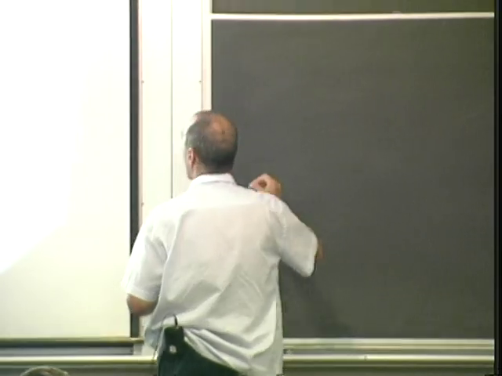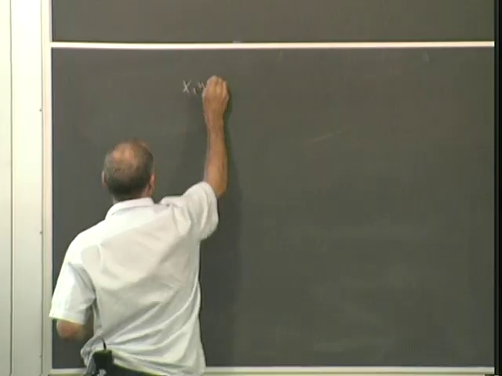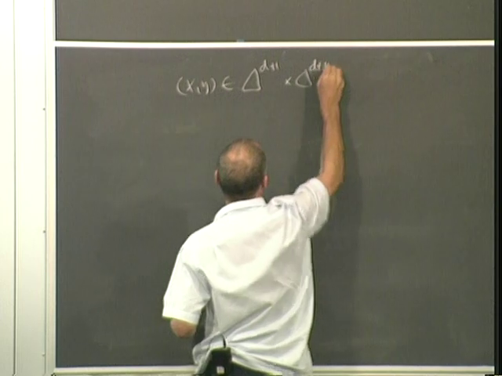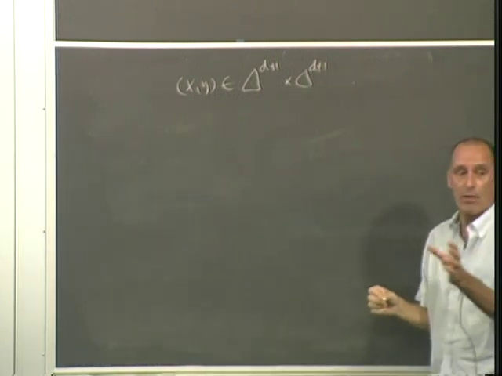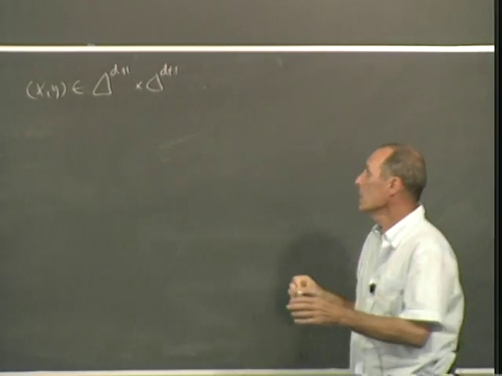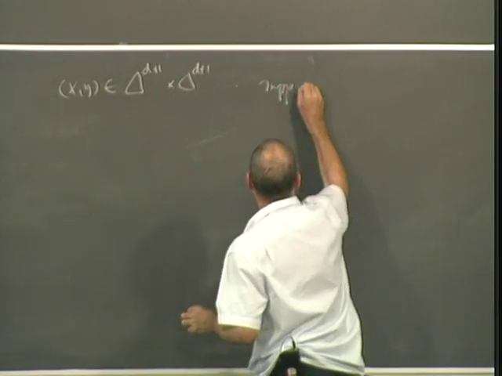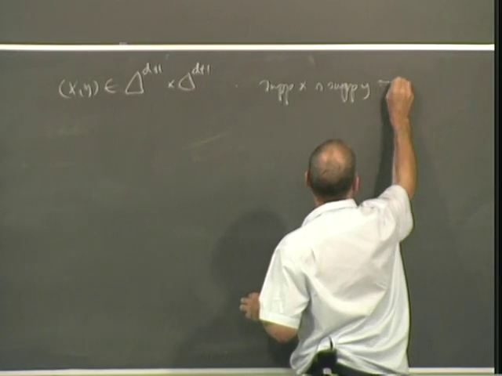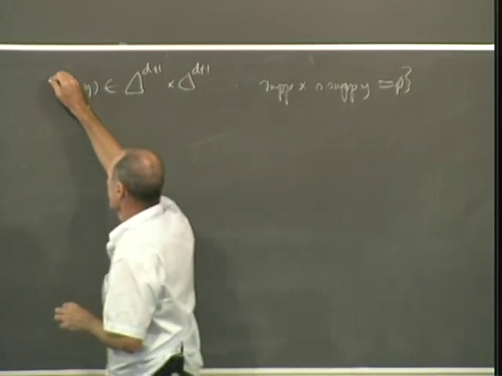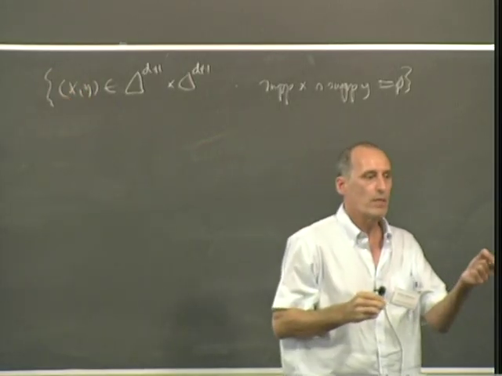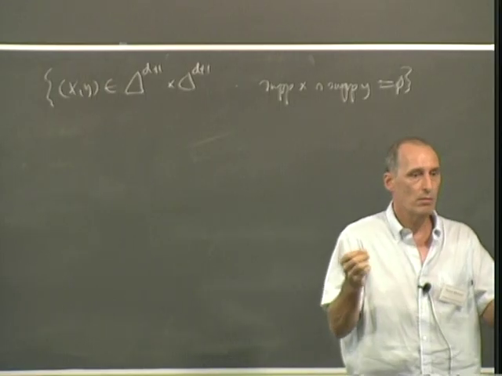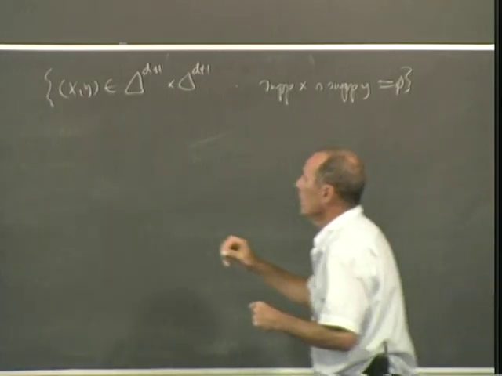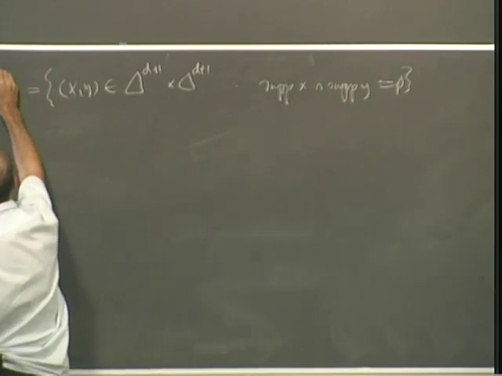I look at pairs (x, y) from Delta^(d+1) cross Delta^(d+1), a pair of points from the simplex with the support of x and the support of y disjoint. The support of a point is the minimal face containing it. So in my previous picture, you know what I'm talking about. Any questions? No.